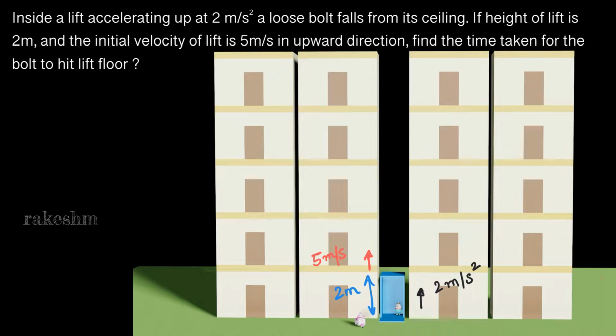The question is, if a loose bolt falls from its ceiling, find the time taken for the bolt to hit the lift floor. So if there is a loose bolt which falls from the ceiling, what is the time that it takes to hit the lift floor? So let us have a look at the schematic.